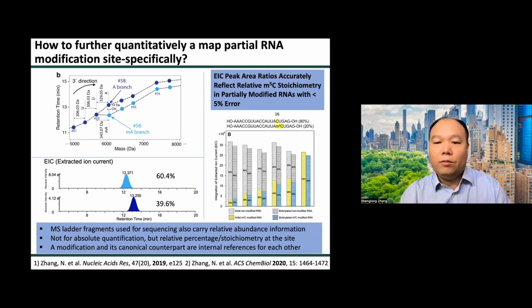After that, if we measure the EIC, they match very well with the original ratio. We also looked at a lot of different ratios. They are a little bit off, but all within a 5% error range, indicating this is a relatively accurate method.